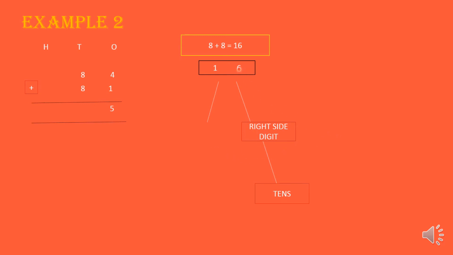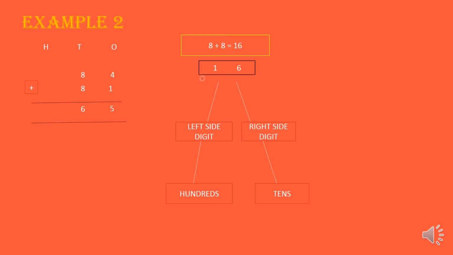Again I'm saying, always keep this tip in your mind. Always right side digit will be under tens column. Okay, next, always left side digit will be under hundreds column, or always left side digit will go up for carrying.